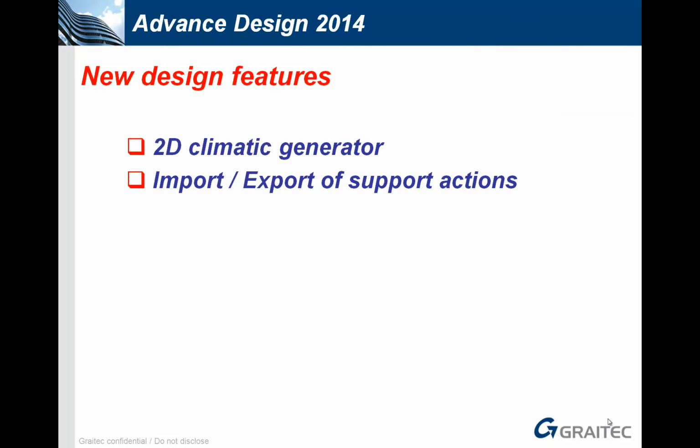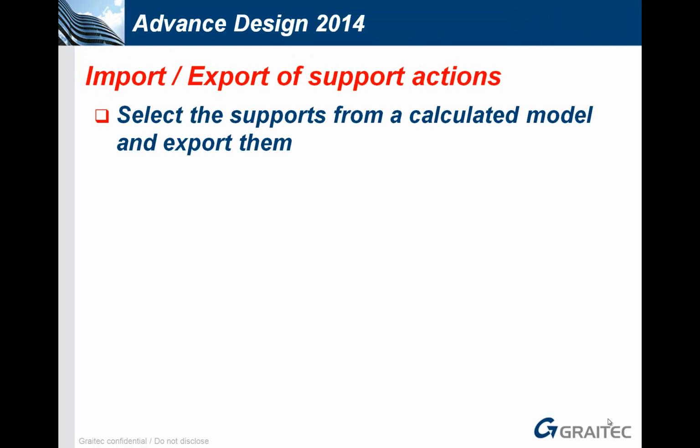And another new design feature is the ability to import and export support actions. See, now you have the ability to select support from a calculated model and use these forces as an input in a different model.